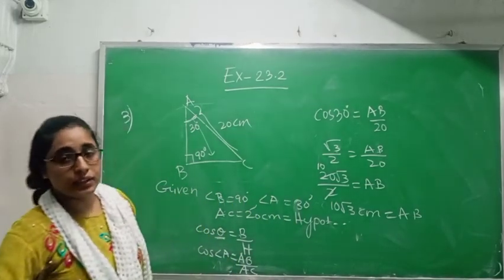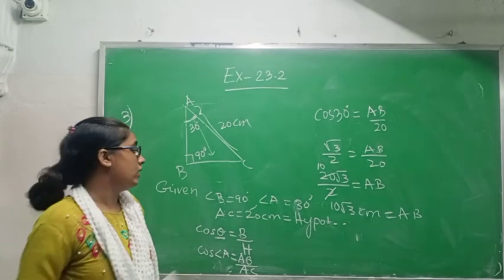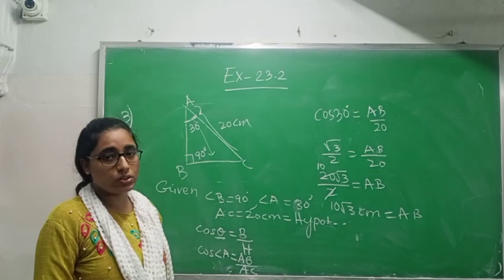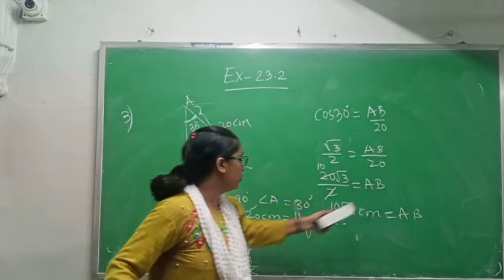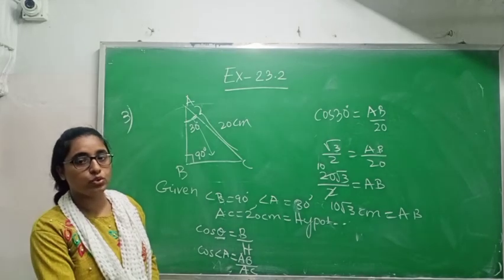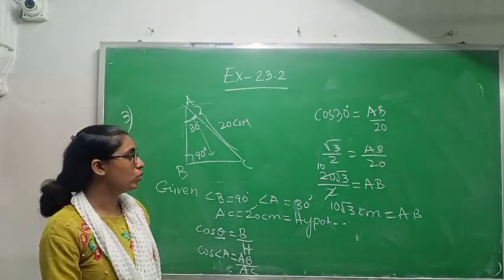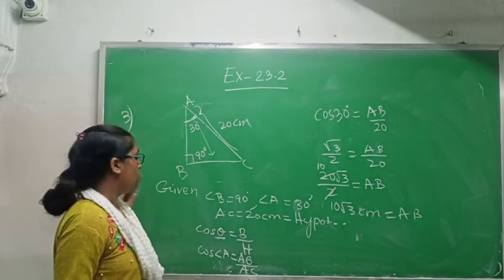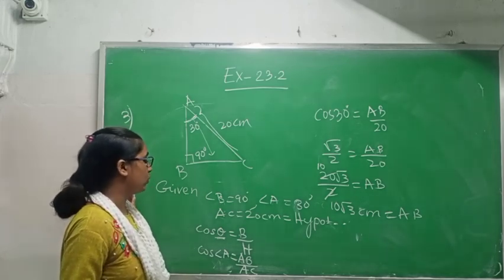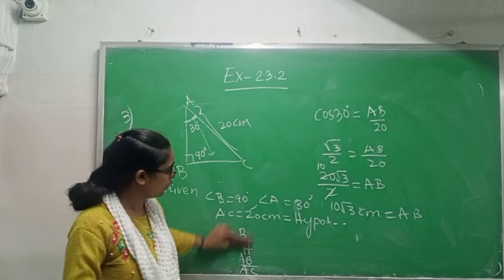Now you have to find BC. There are two methods to find BC. Either you can use the Pythagoras theorem, because B and H you know, so you can find P; or you can use sine also. I am showing you using sine.